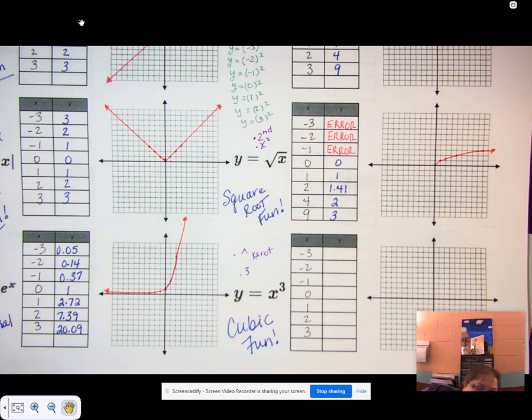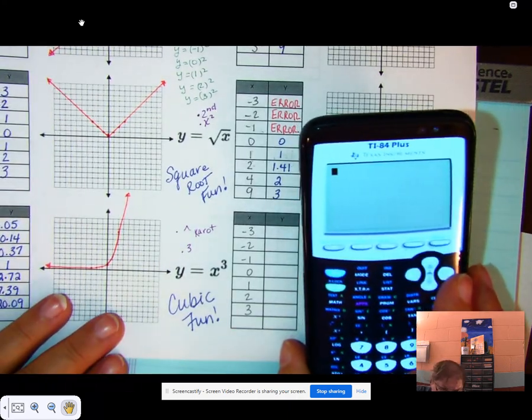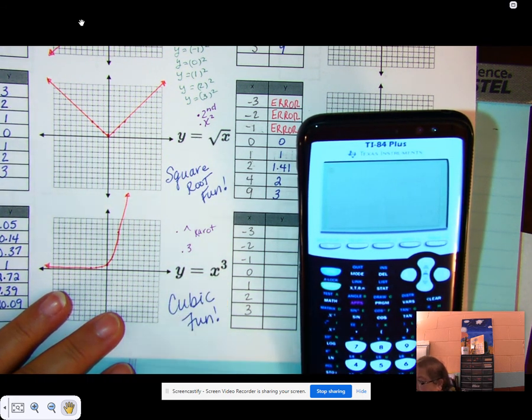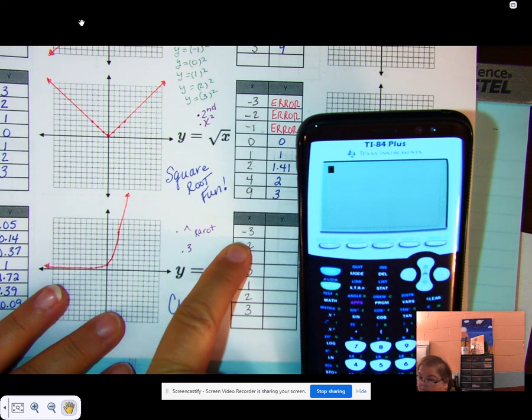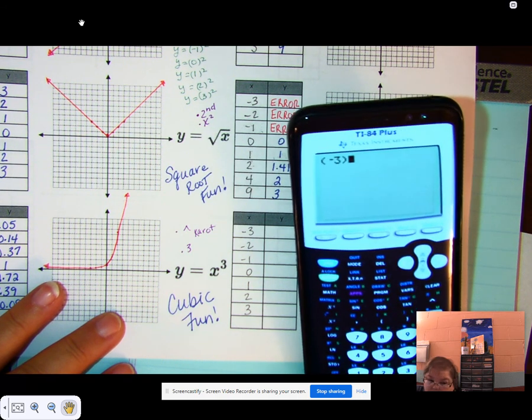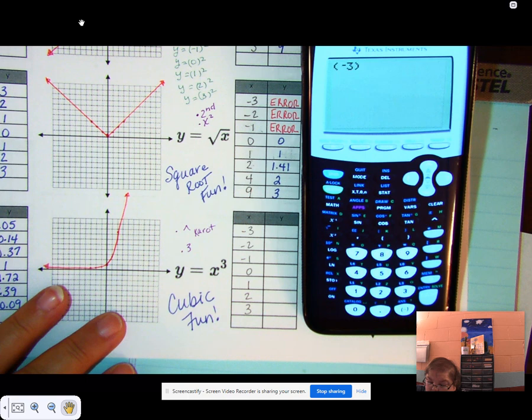Okay? So let me show you what I'm talking about here on the calculator. Okay? So if I'm looking here, y equals x cubed. So as a reminder, you need to put these in parentheses. So x, which is -3, and I want to remind you on this calculator, the negative button is below the 3.